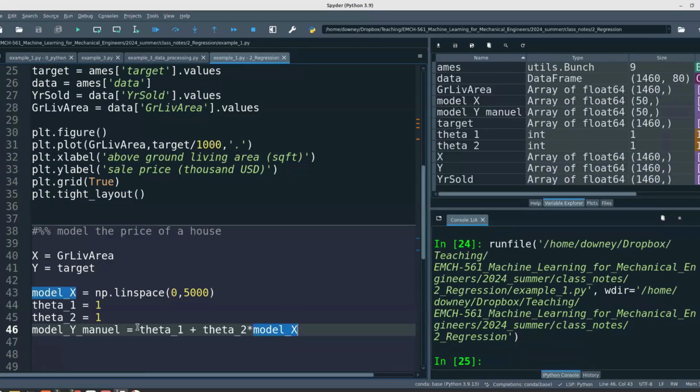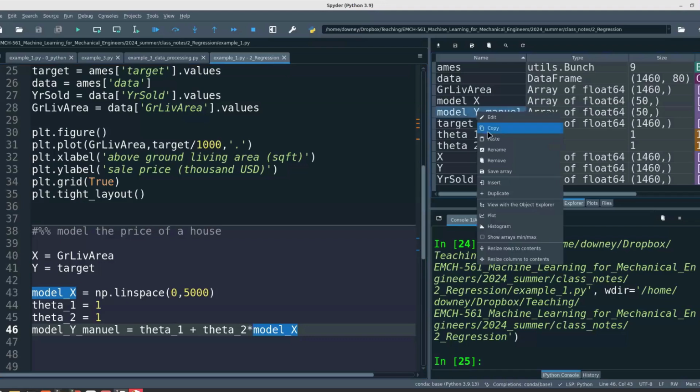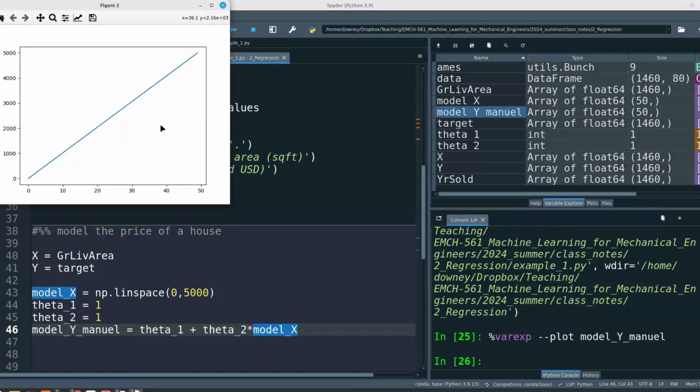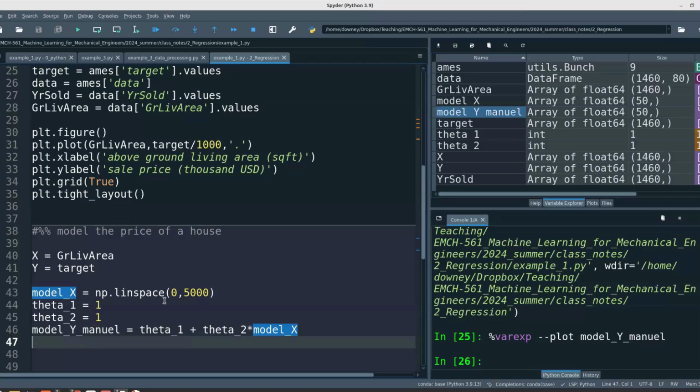And now, yeah, that's right. I have created this wonderful model of something, right? But I guess we have to plot it with our data to have it make sense.